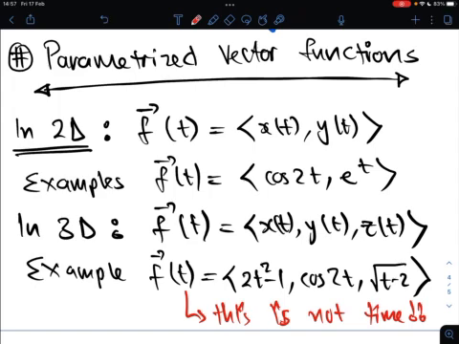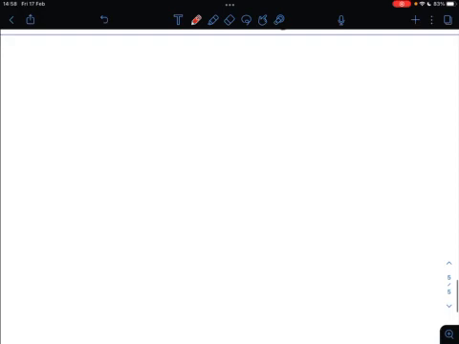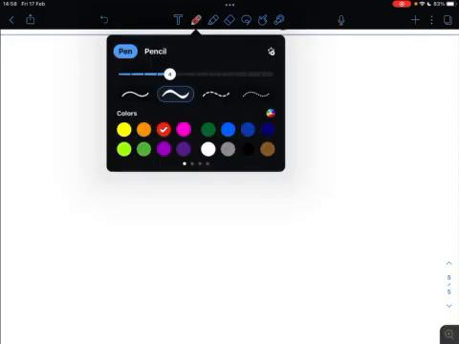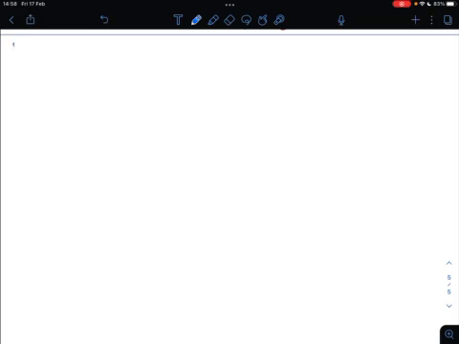Now, having these objects in place, we'd like to see if we can talk about all the things that we talk about when we're dealing with univariate functions. The first and foremost thing that we want to look at is the evaluation of domains.